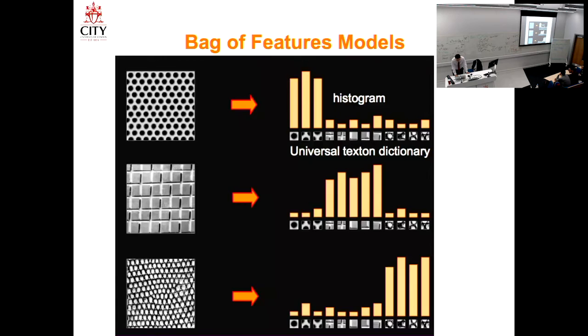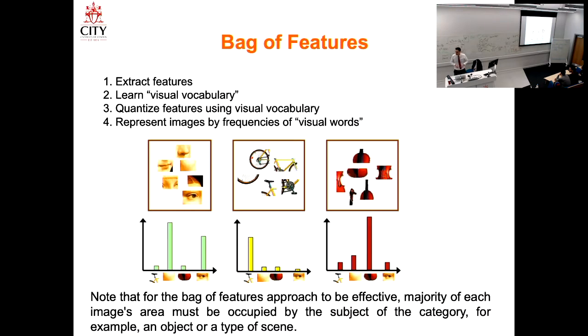Okay. So for bag of features, what I want is extracting some features, learning a visual dictionary or vocabulary, then quantizing my features using that dictionary, and representing images by frequencies of visual words.